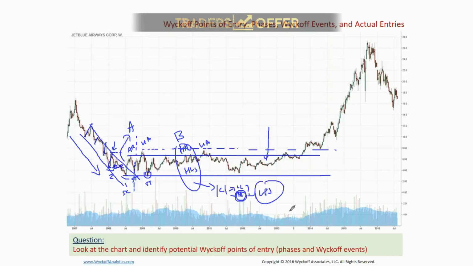If we know there is a high probability for the higher low, then our expectation for the spring is going to be almost non-existent, and we would be expecting some kind of reversal slightly above the support area. That could give us a much better point of entry around phase C than when we would be expecting some kind of spring situation.